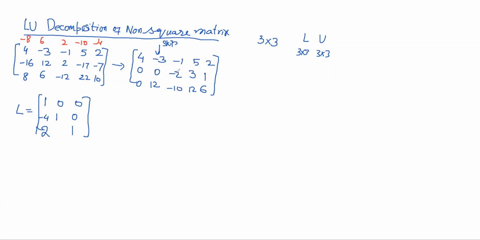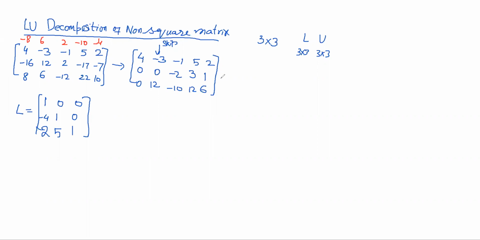Now in this case, we have this pivot position as minus 2. So this minus 2 will be the divisor of minus 10. So minus 10 divided by minus 2 will become 5.